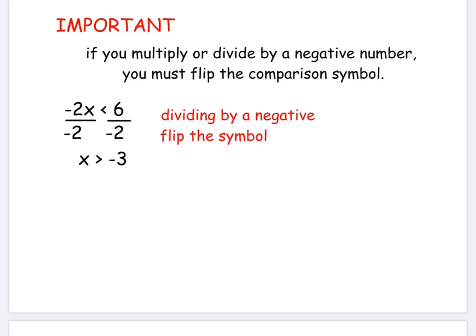The two negative 2's on the left would cancel each other out, and then 6 divided by negative 2 is negative 3. However, because we're dividing by a negative, we need to switch the symbol. So our solution is x is greater than negative 3.